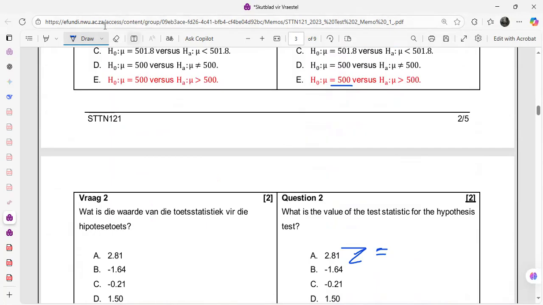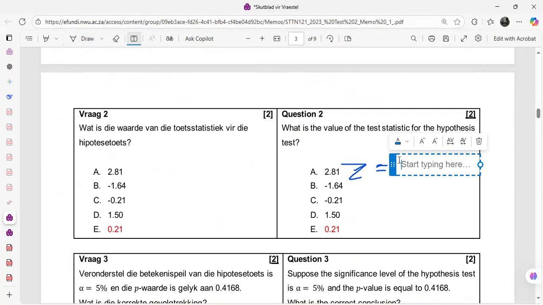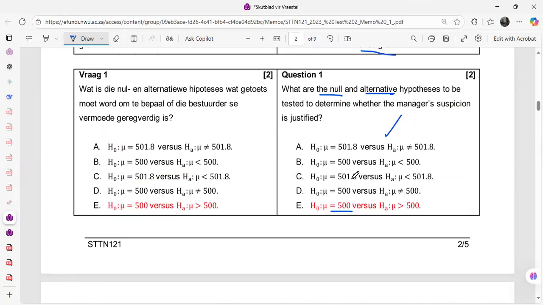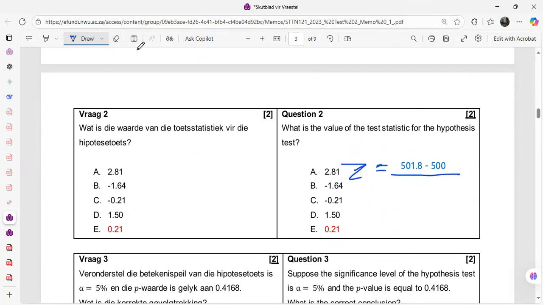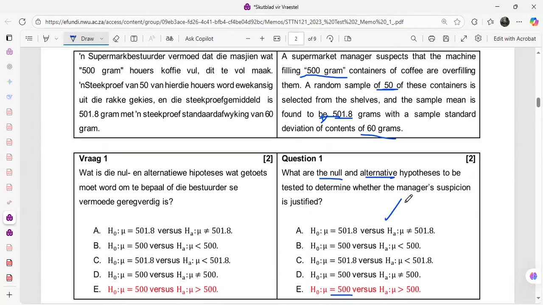501.8. So you're just going to do something like this: 501.8 minus, what is the population mean? 500. And then do division. Divide by what? What is the sample standard deviation? It was 60. 60 divided by the square root of n. And what is n in this case?